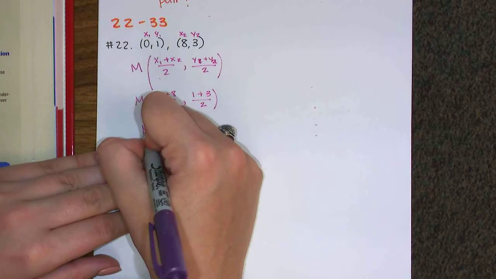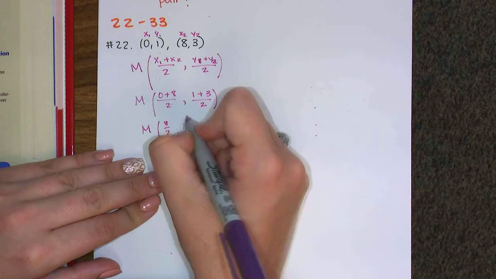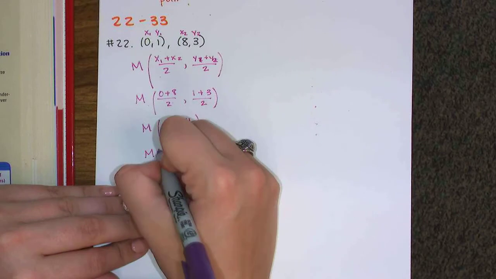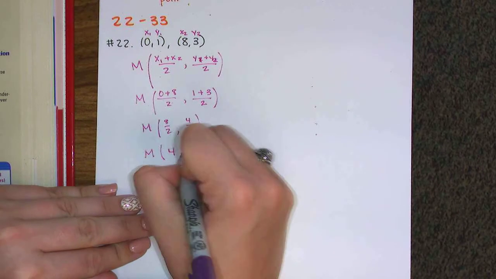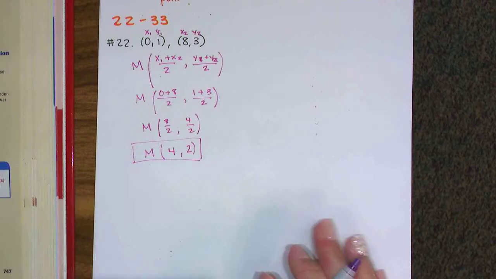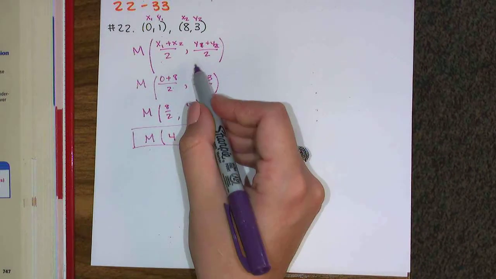So then I get 8 over 2 and 4 over 2. So M is 8 over 2 is 4 and 4 over 2 is 2. The midpoint is at 4, 2. Notice it's written as an ordered pair, and I just followed it all the way down.